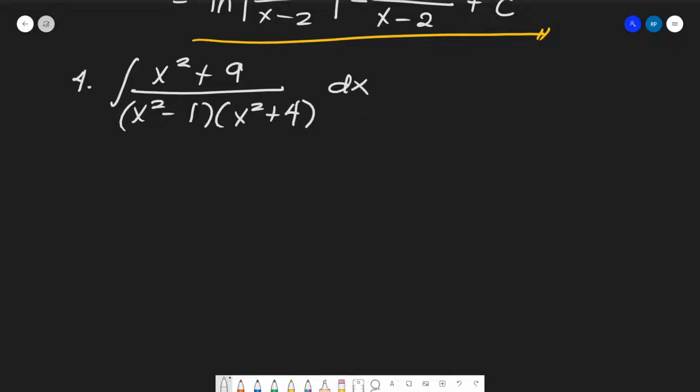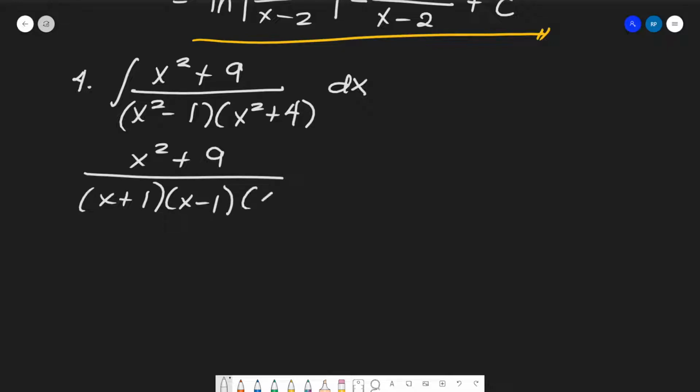No? So, tingnan natin kung may factorable pa. This is a sum and difference of two squares, no? So, kapag a difference of two squares, no, this is factorable. So, this can be x squared plus 9 over, yung anong factors ng x squared minus 1? Obviously, that is x plus 1, x minus 1, times x squared plus 4.